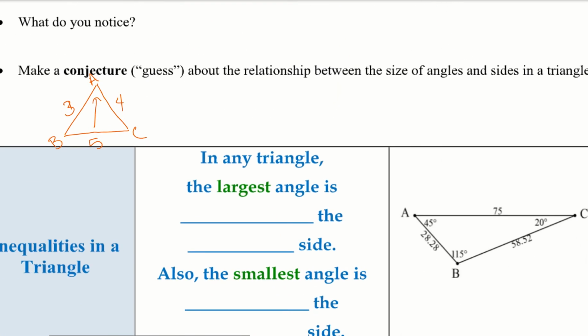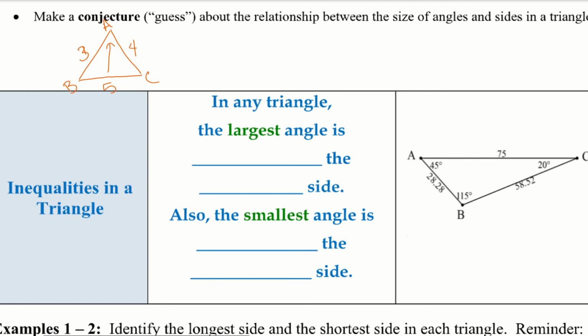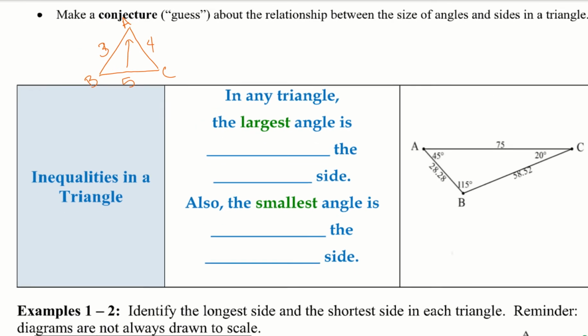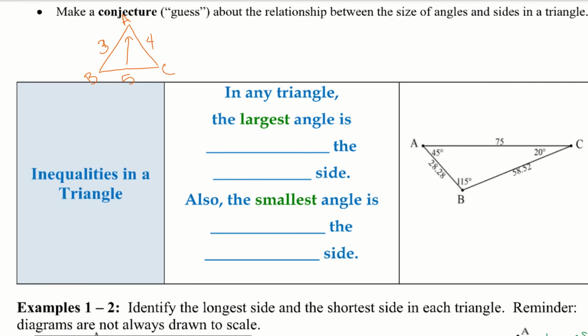Alright, so let's talk about the inequalities in a triangle. In any triangle, the largest angle is across from the largest side, and also the smallest angle is across from the smallest side.